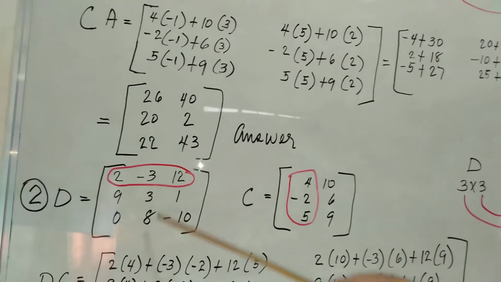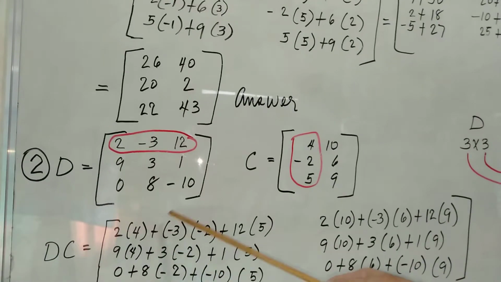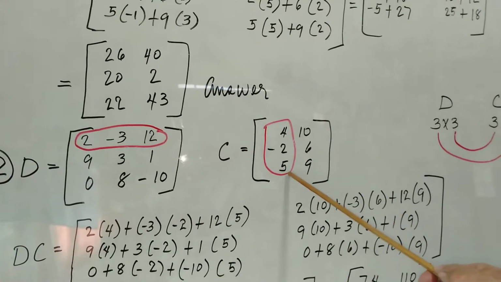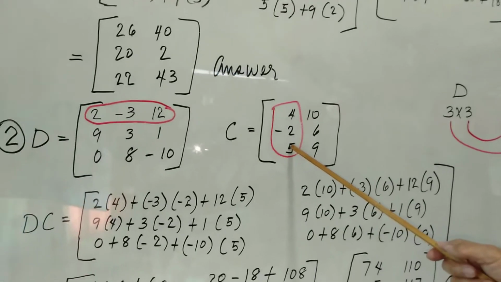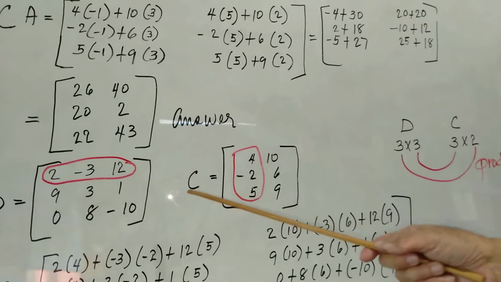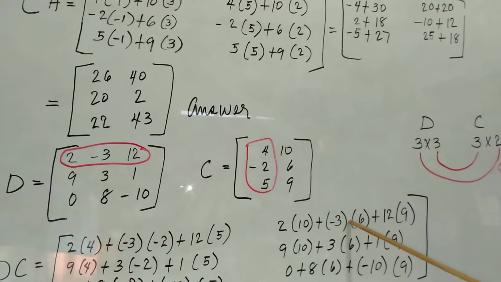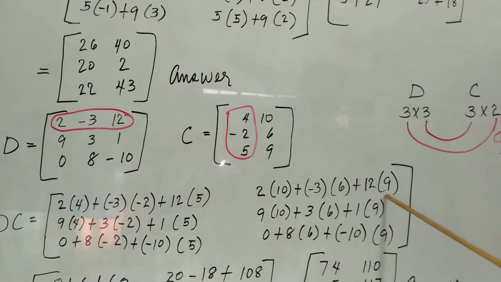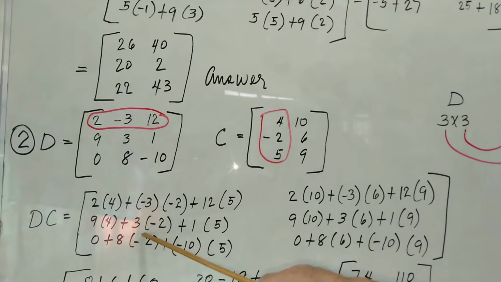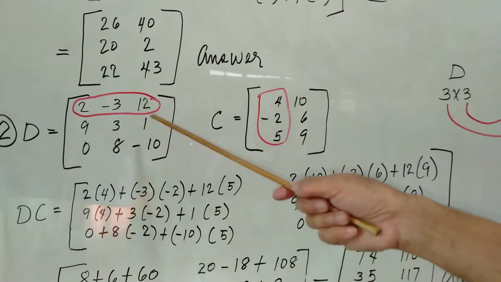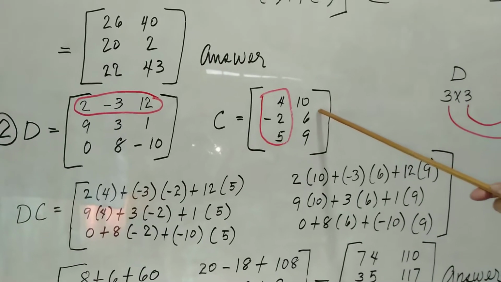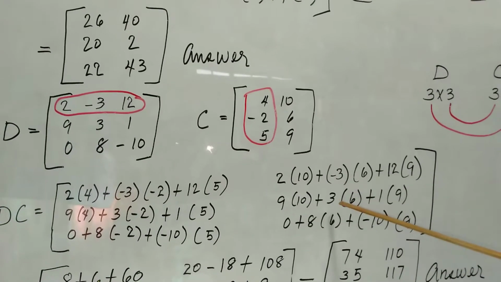Now we multiply the first row by the first column: 2 times 4, negative 3 times negative 2, and 12 times 5. The second column: 2 times 10, negative 3 times 6, and 12 times 9. The second row: 9 times 4, 3 times negative 2, 1 times 5, and also 9 times 10, 3 times 6, and 1 times 9.